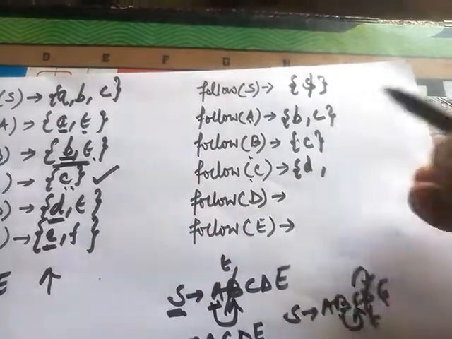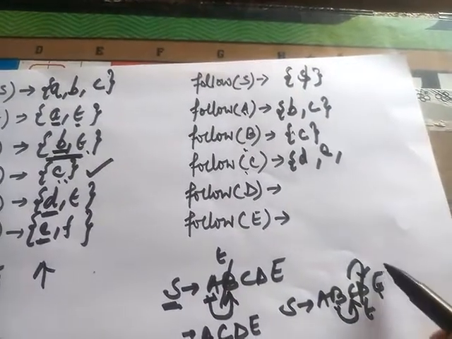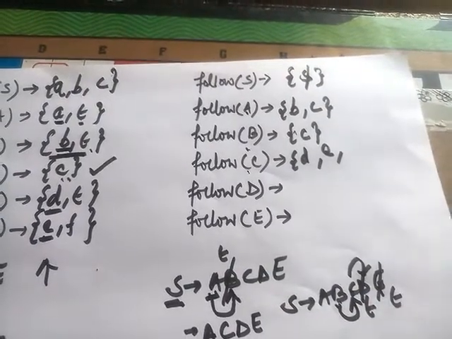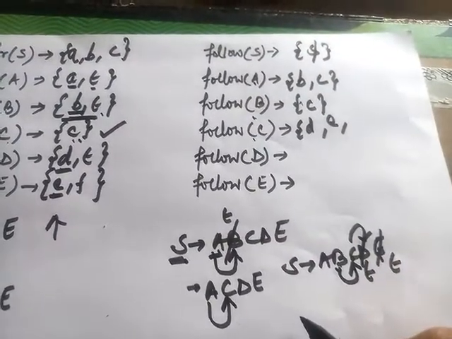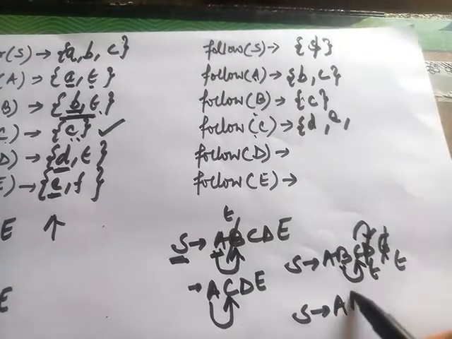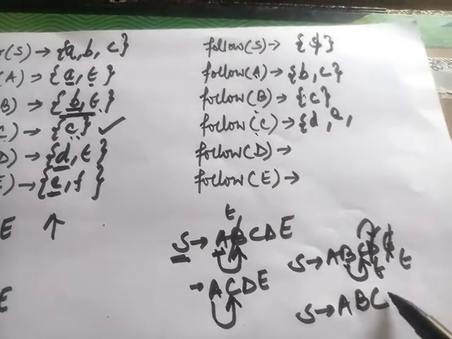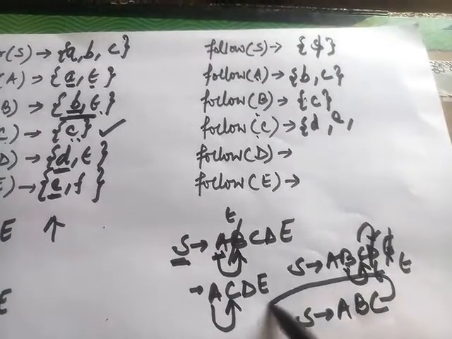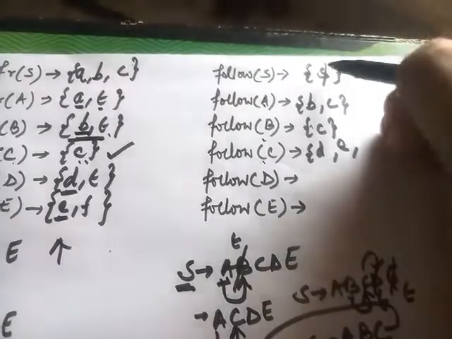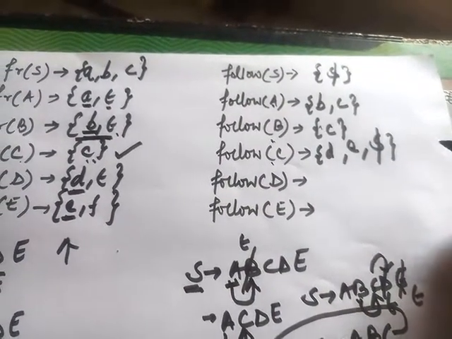First of E is small e, so we will write it over here. And then epsilon we substitute over here. So follow of C is like this: S, A, B, C, and after C epsilon, epsilon means nothing. So follow of C is follow of S. What is follow of S? Dollar.